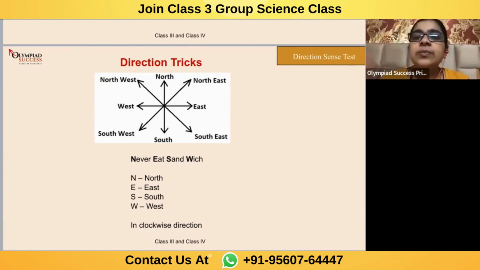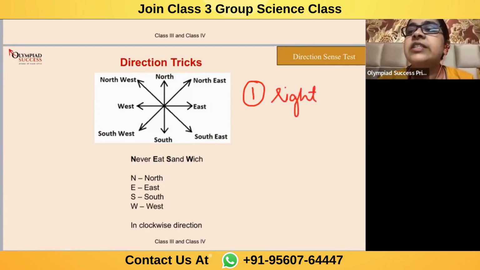So just keep in mind the first information is that you are in standard 3 and 4, so they will not give you questions on they are taking a 45-degree turn or a 90-degree turn or a 180-degree turn. They will just give you a simple word, that is right turn.